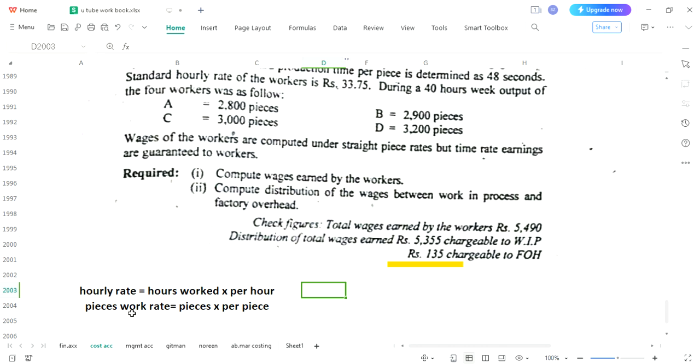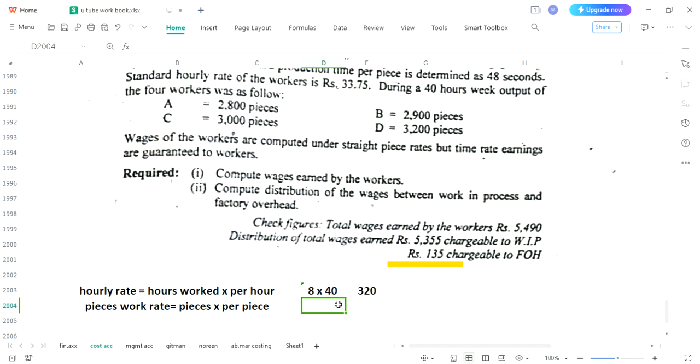If some worker per day had worked for 8 hours and you are paying him 40 rupees per hour, you will multiply hours worked 8 by per hour 40. In this way you can calculate his wage, and that would be 320 rupees.